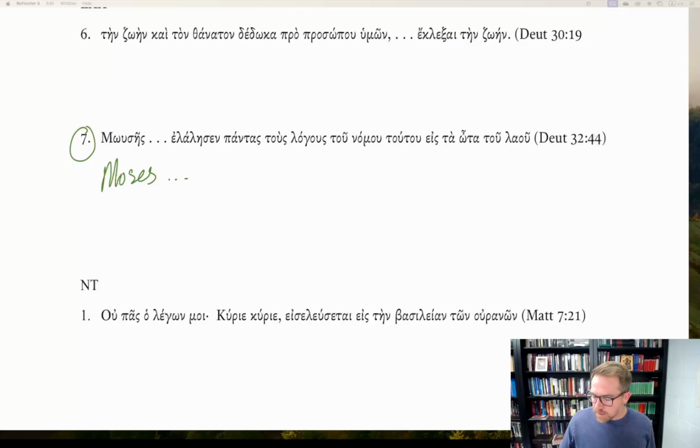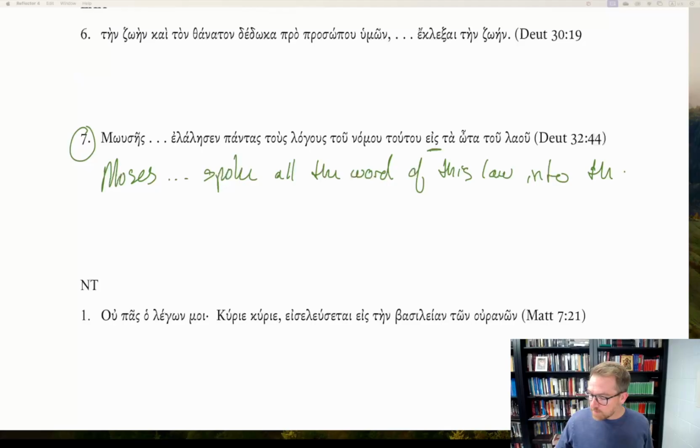Elalesen, this is an aorist, spoke, from laleo, spoke pantas tous logous, all the words of this law, eis ta ota, into the ears of the people.